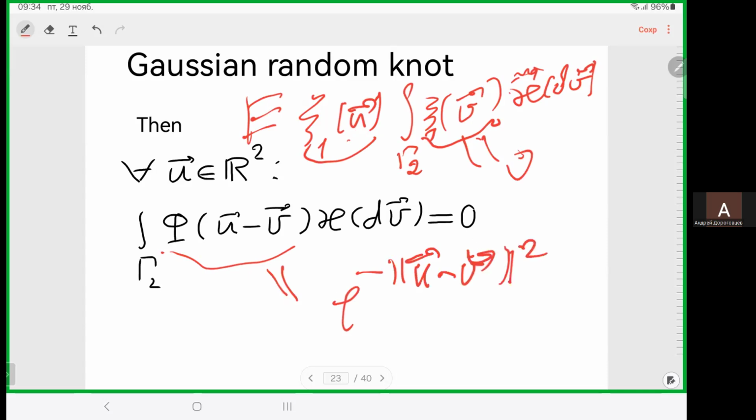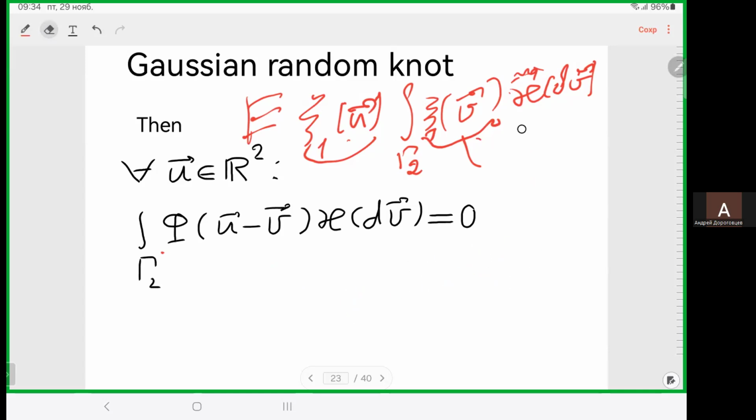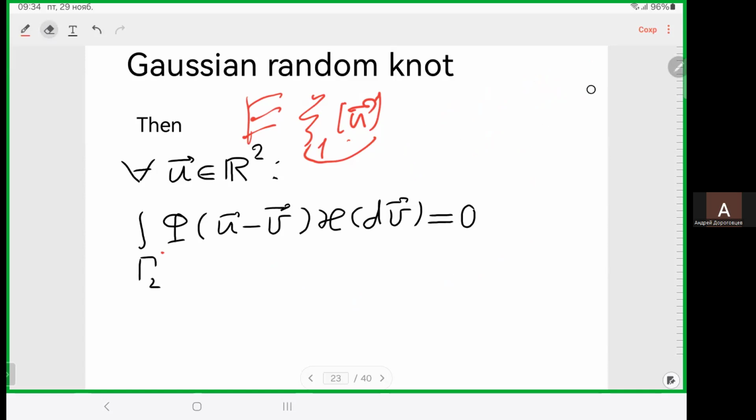That's all. It is trivial, but a very efficient formula. Let me discuss this slightly more in detail. In this formula, we have an integration of the product of two values: one is kappa, another one is phi, and we have phi(u minus v) kappa(dv).